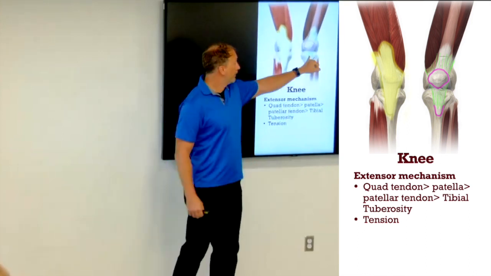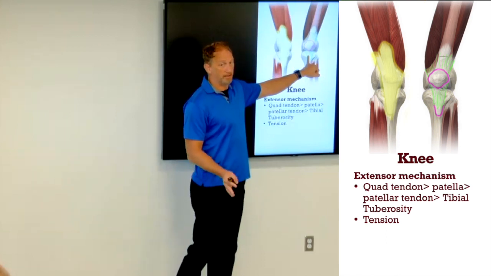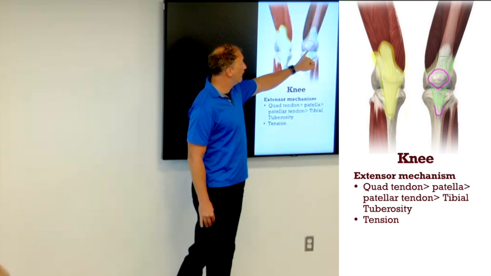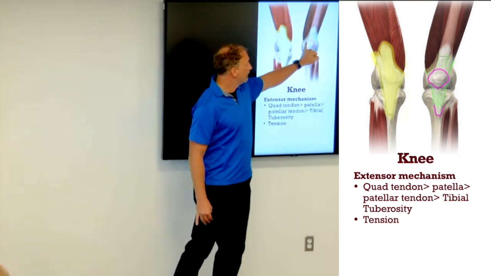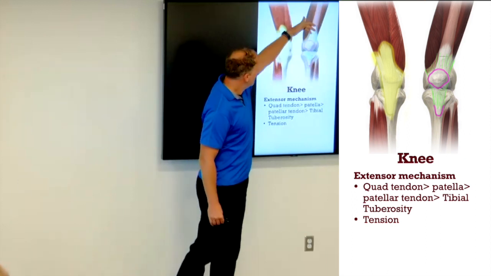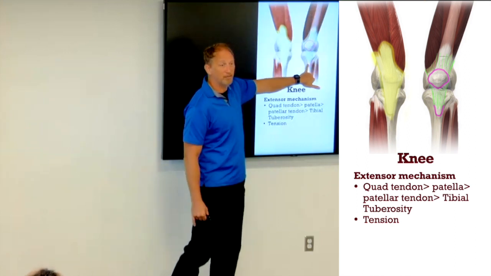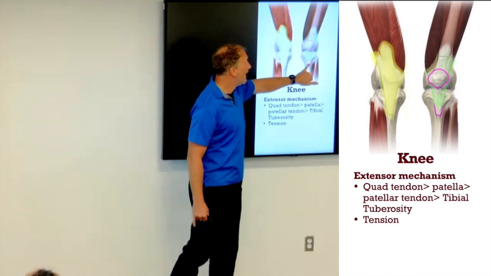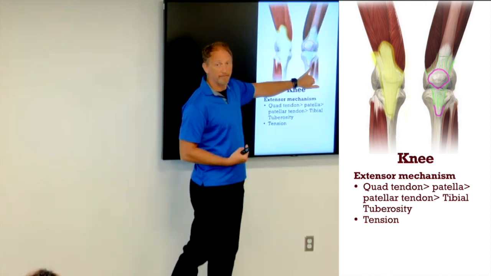Some people call it the patellar ligament. That's completely wrong. It's 100% wrong because a ligament connects bone to bone. The patella sits inside this tissue. The tendon from the quad that attaches down to the tibial tuberosity is one continuity of tissue with a patella that sits inside of it.